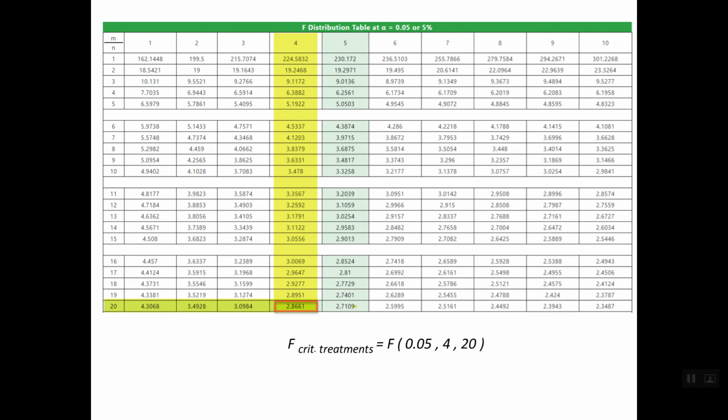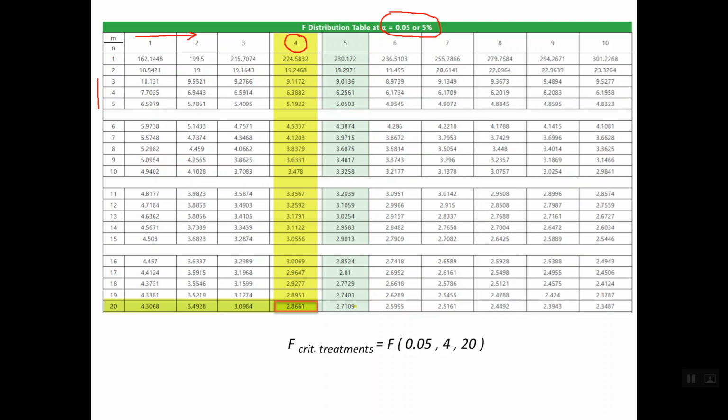So this is the F distribution table. And regarding the significance level or the probability, it is 0.05 or 5%. In this row, we should determine the value of the degree of freedom for the treatments, which is 4.